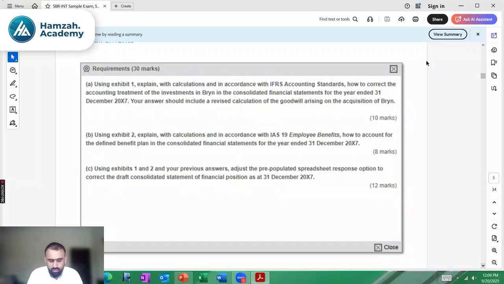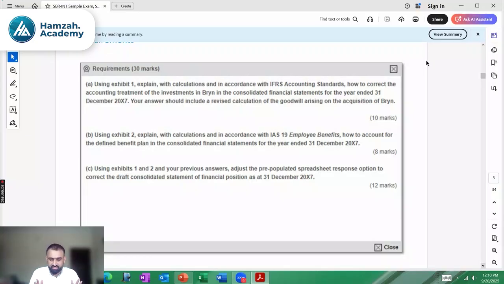And the second requirement, the B requirement, is that using exhibit 2, explain with calculation and in accordance with IAS 19 Employee Benefits how to account for the defined benefit plan in the consolidated financial statements for the year ended 31st December X7.